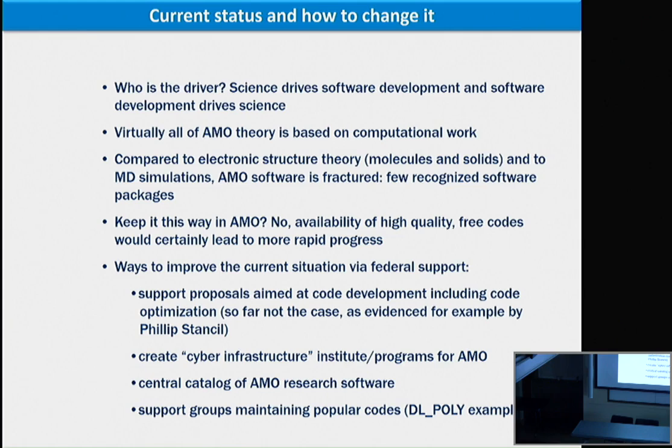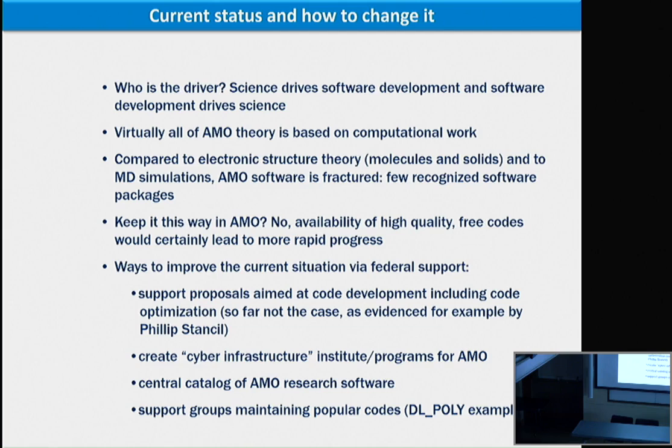Then Jeppe emphasized differences between electronic structure theory, like quantum chemistry, but also solid state, where programs are very similar, and this simulation field. Compared to this, AMO software is very fractured.